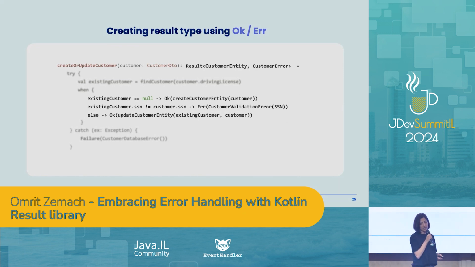In case of success, we will return the output of the function embedded in the Result using the Ok constructor. Again, what we gain here is observability of the specific error, and now it's clear that this function can also return a customer error. And our function is now secure and safe.